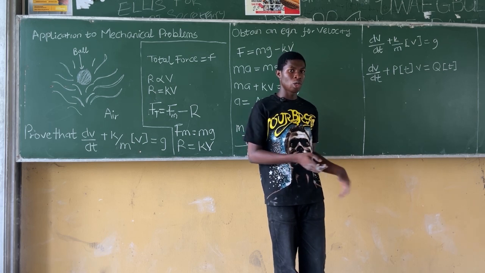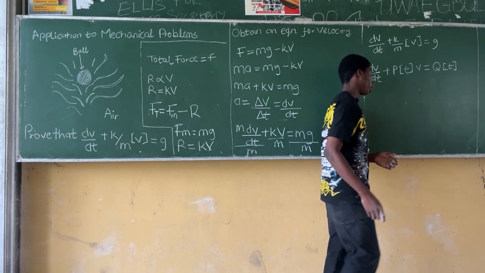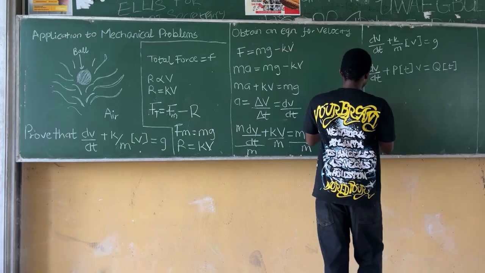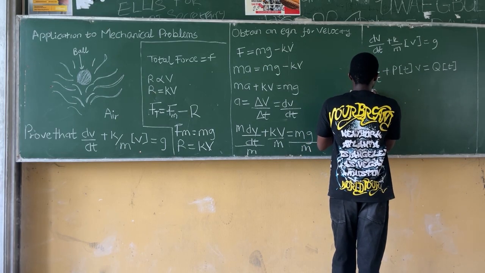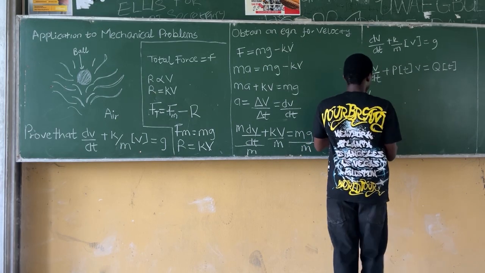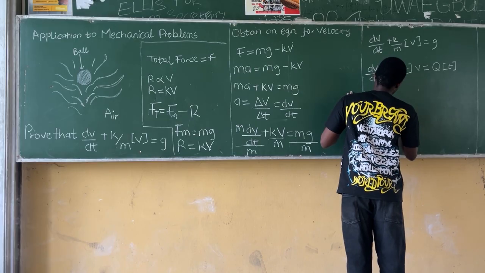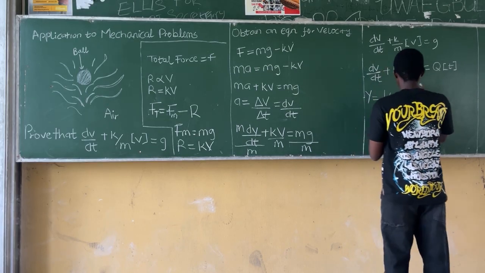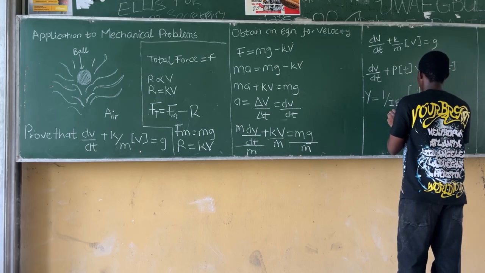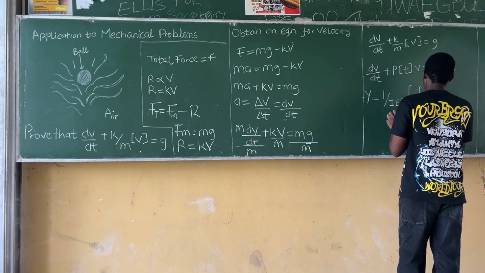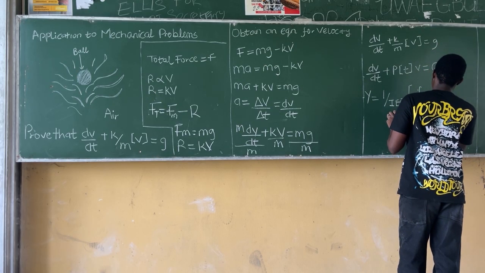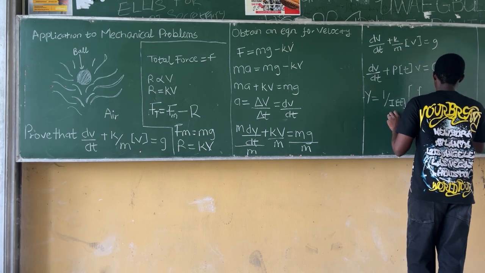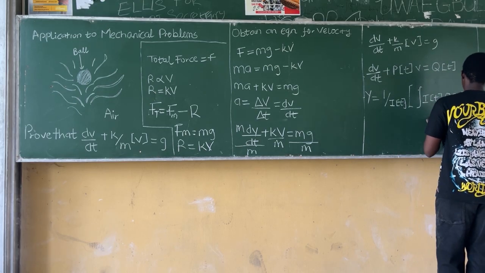If you go through it, you'll be able to grasp this properly. So now let's jump right into it. Using y is equal to 1 over I of t, integral of I of t q of t dt.